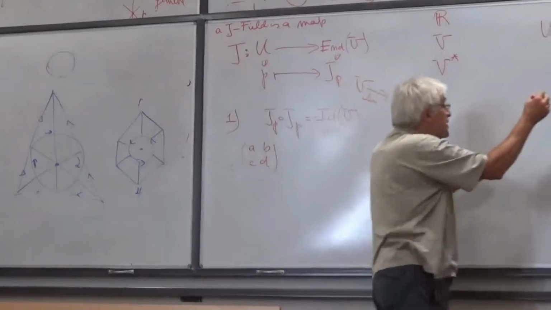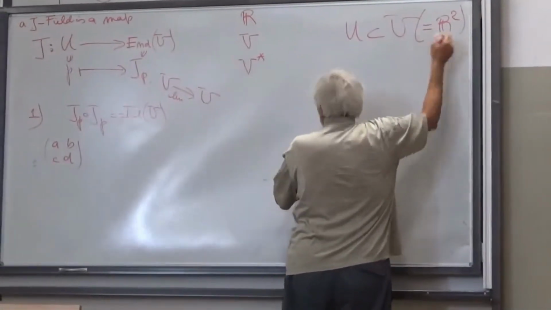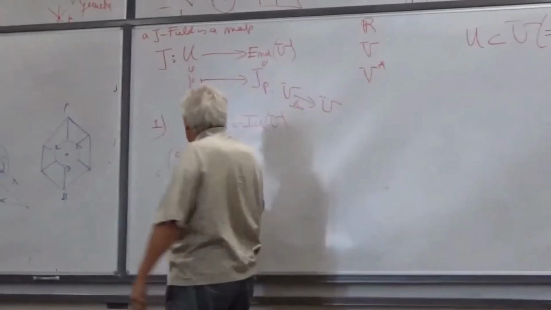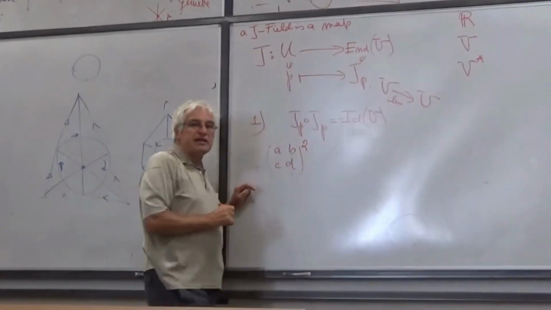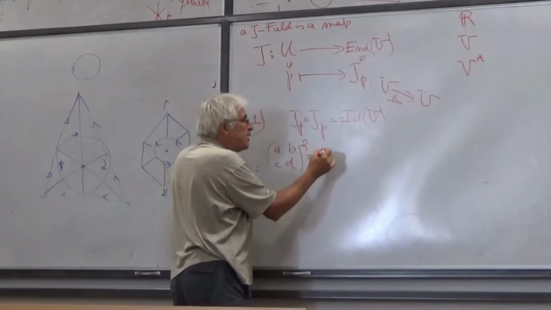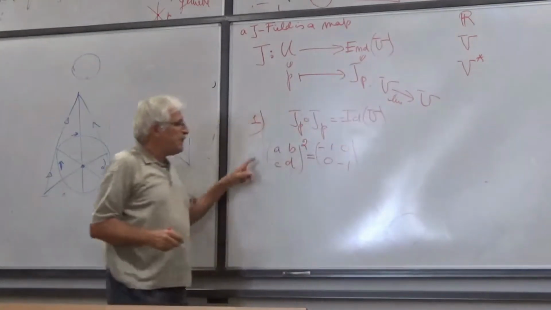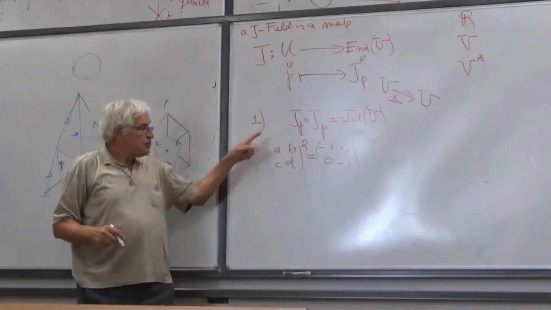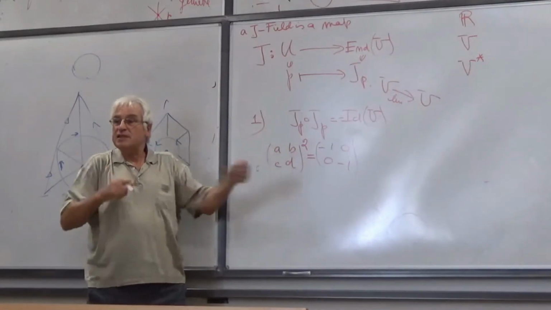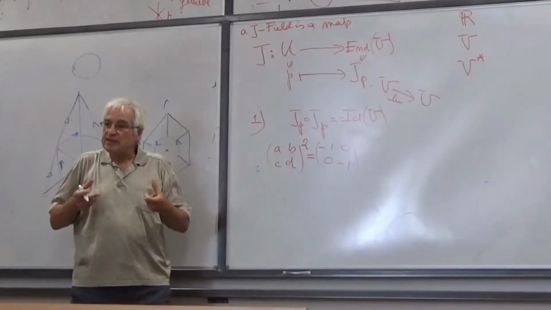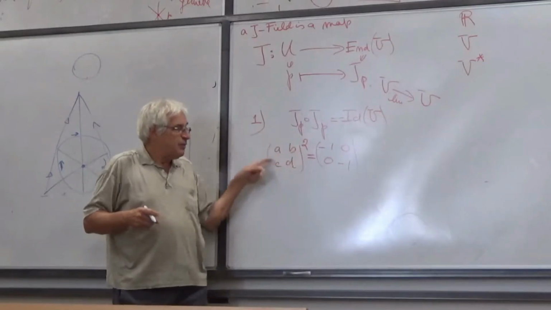If I choose a basis which is hidden in this notation, then JP becomes a matrix, and I ask that this matrix, multiplied by itself, is minus the identity matrix. So at every point, you give yourself four numbers A, B, C, D, you think of them as a matrix, and you ask that this property happens.